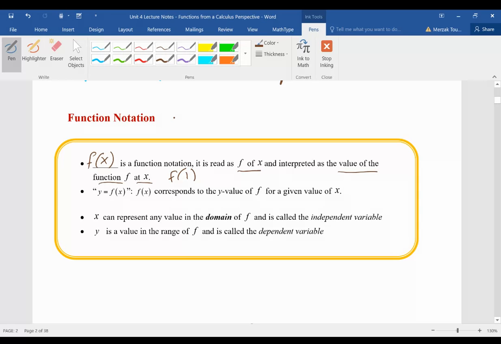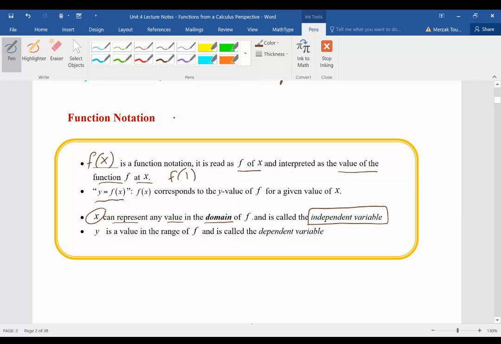That's what it means. We also know that y is equivalent to f of x. So, which means f of x corresponds to the value of y of f for the given value of x. X can represent any value in the domain, and the domain, of course, is the independent.